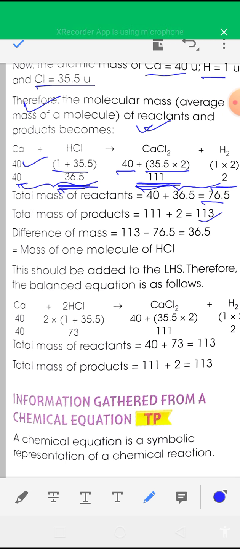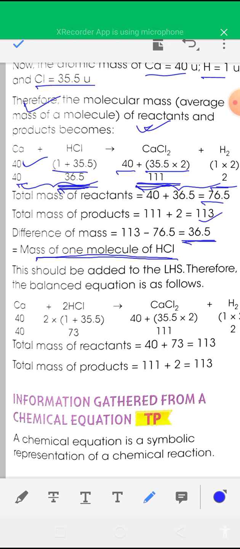Now what is the difference in mass? 113 minus 76.5 is 36.5, which is the molecular mass of 1 HCl molecule.